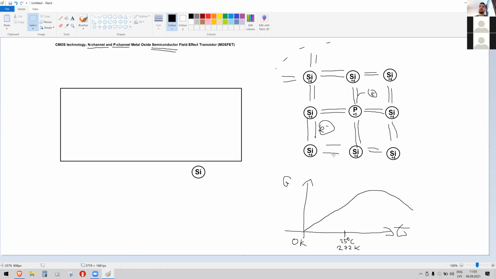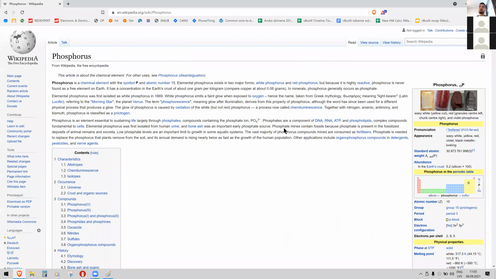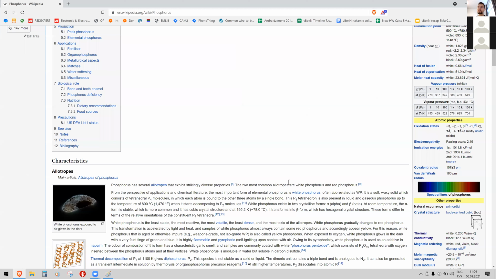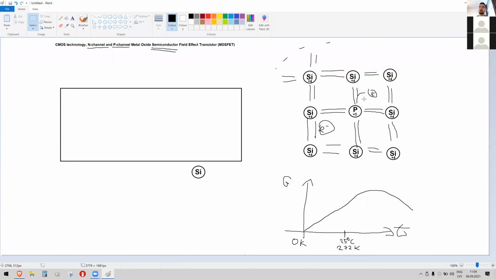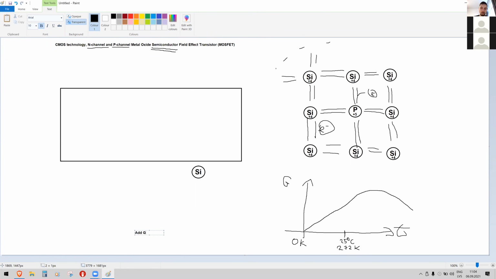And this way, because we have 1 extra electron, if we put something from the 5th group of elements in this material, we get N material. So maybe I'll write it somewhere here: add group 5 element, get N type semiconductor.